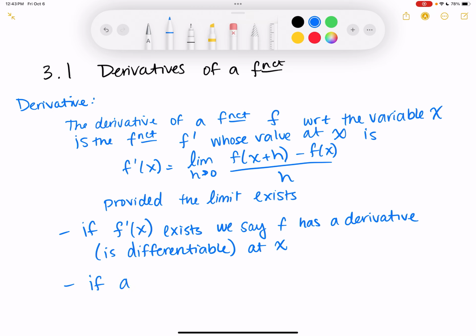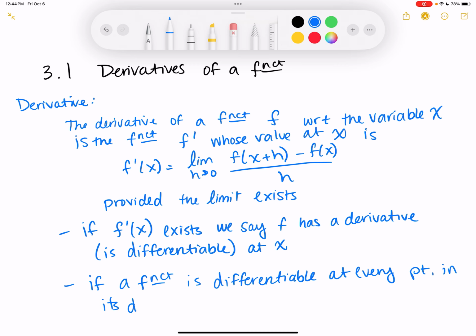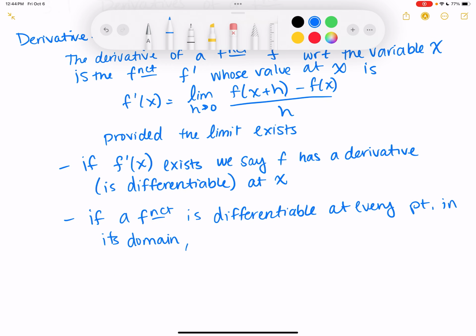If a function is differentiable at every point in its domain, it is a differentiable function.